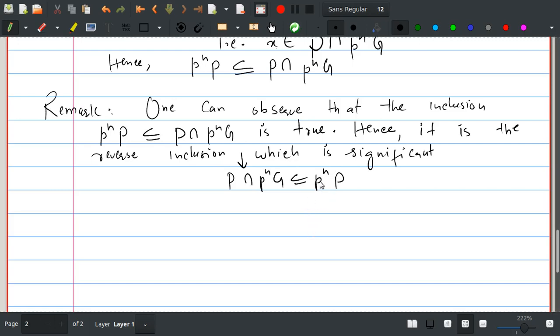Now what this definition says, let us make another remark here. So this is remark first.